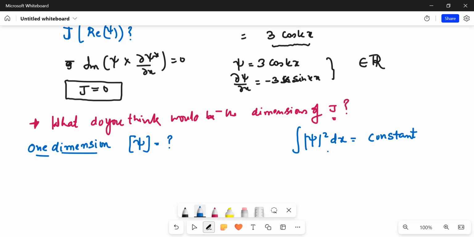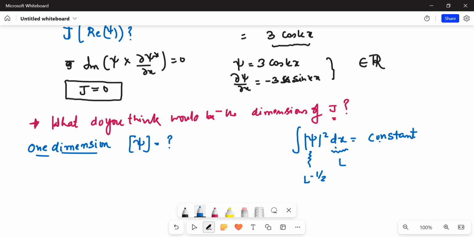Here dx is a unit of length. So what can you expect? You can expect a unit of L to the minus half. Only if the unit of this wave function is L to the minus half would this integration be some constant. Yes or no?